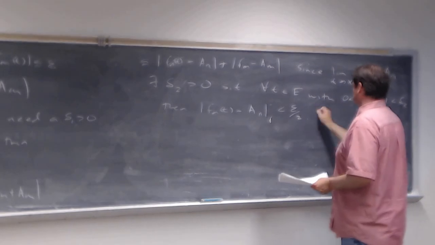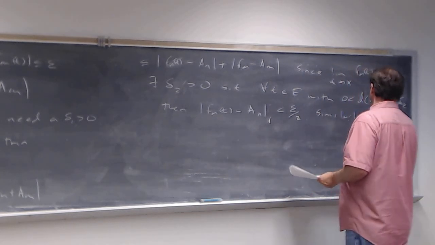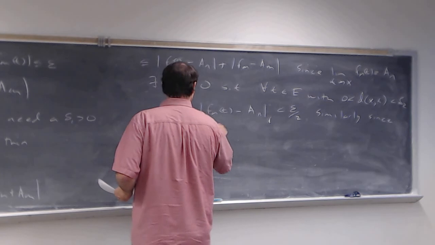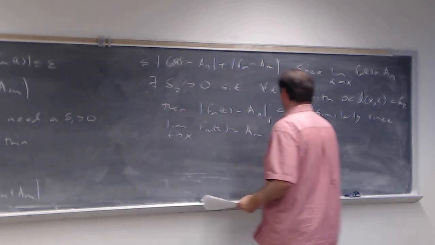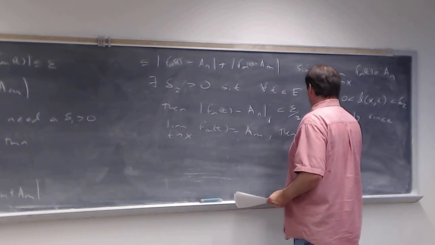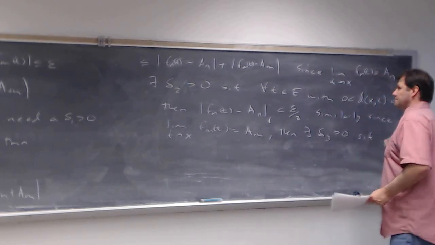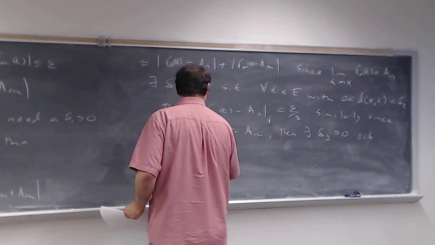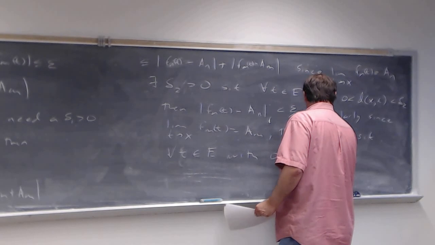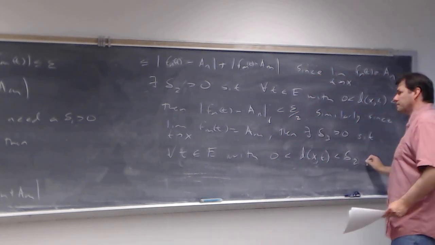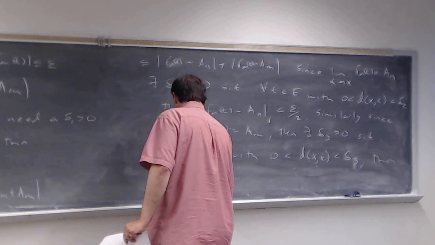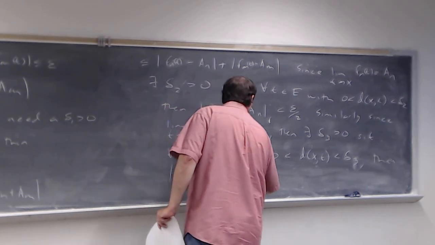Similarly, since the limit as t goes to x of f sub m of t equals a sub m, then there exists a delta sub 3 greater than 0 such that for all t element of E with 0 being less than the distance between x and t being less than delta sub 3, then the norm of f sub m of t minus a sub m will be less than epsilon over 2.